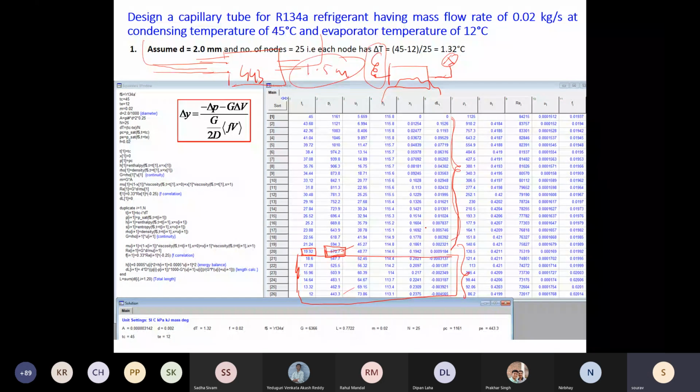Any further reduction in evaporator temperature will not change the mass flow rate. The capillary is right now choked, and at the exit you will have a shock wave which will suddenly change the pressure from 570 kPa to 443 kPa. And you will hear some shrill sound. That's all you will hear.